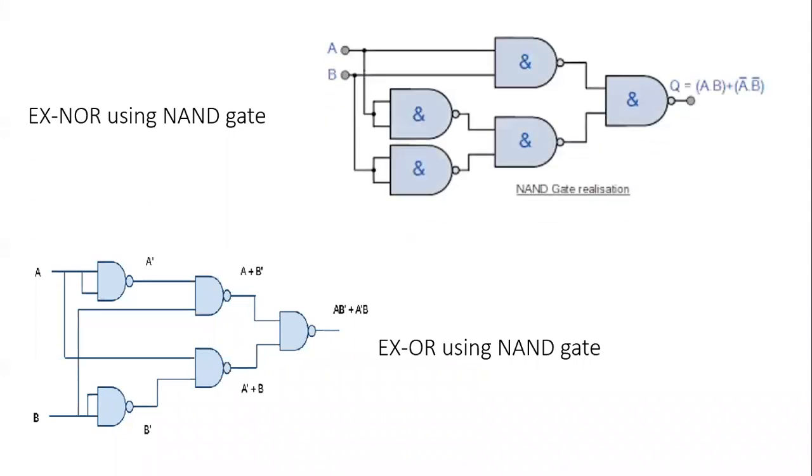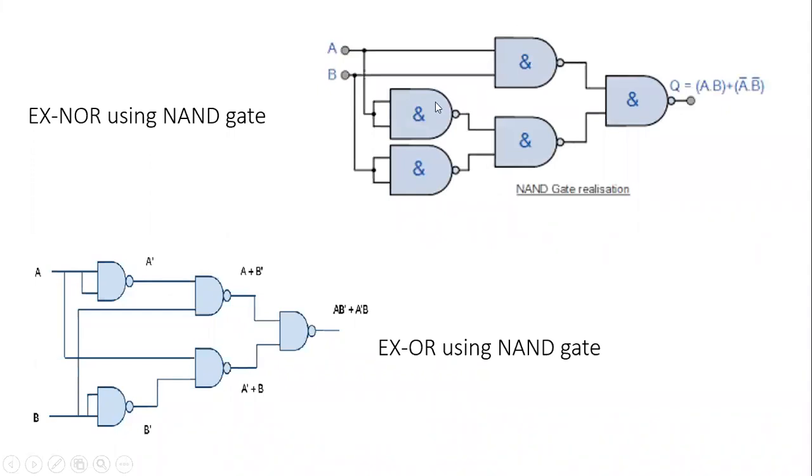Now, in the same way we do it for the XNOR gate. First we have done it for XOR, now we are doing it for XNOR. For XNOR, we are again using a total of 5 NAND gates. This time, remember how we started for the XOR.